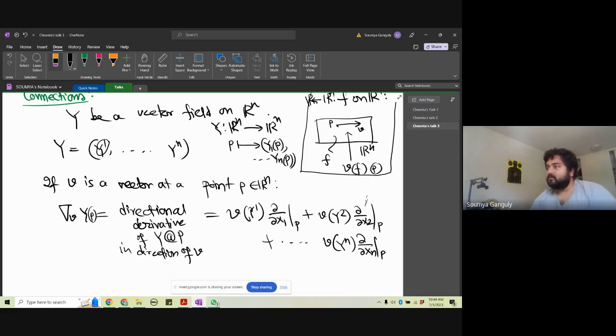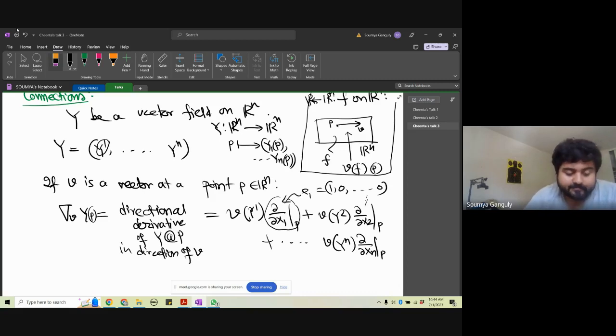V of y1 gives you a function, because V is a vector field, it's a differentiation. V of y1 gives you a function by differentiating the function y1. Then you evaluate that at P and write it in terms of the basis vector del x1. You can just think of this as E1, which is 1 0 0 0 0.